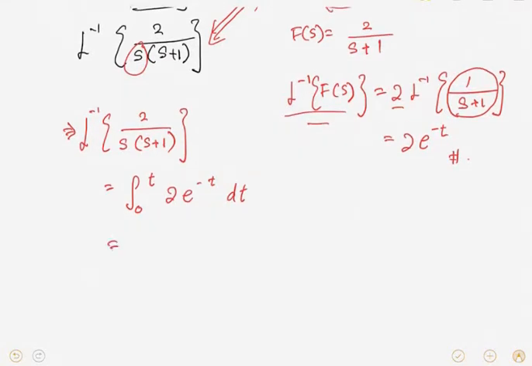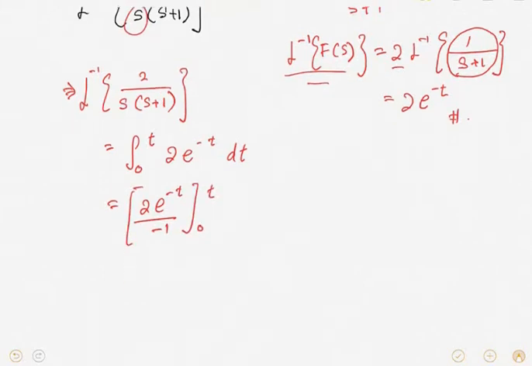You integrate it, so you get 2 e to the negative t divided by negative 1. The limit is 0 to t, and in the end you will get negative 2. You substitute the t with t, and another one is 0.